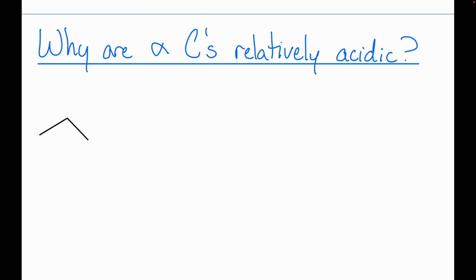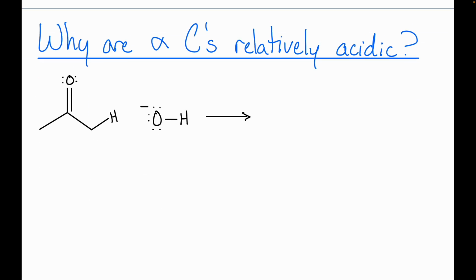So we're going to do an acid-base reaction here. I'm going to take my ketone. I'm going to draw that alpha carbon hydrogen bond specifically. And I'm going to mix it in with some base like sodium hydroxide. And everybody's going to take a second and give me my acid-base reaction here. What would my products be from this acid-base reaction?